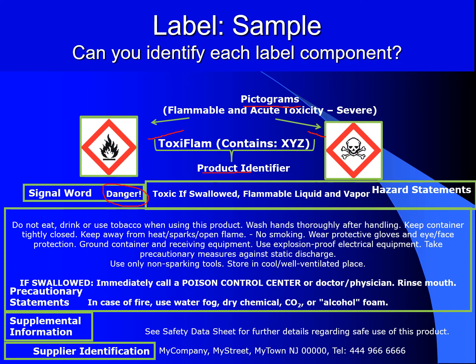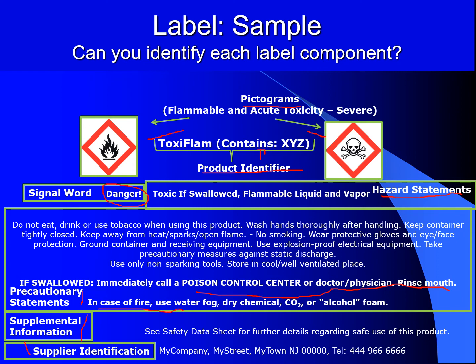Product identifier. This is the name of the company. And then the hazard statement, which is over here. Toxic if swallowed, flammable vapors, supplementary information, supplier identification, precautionary statement: if swallowed, immediately call poison control, or doctor or physician, rinse mouth.